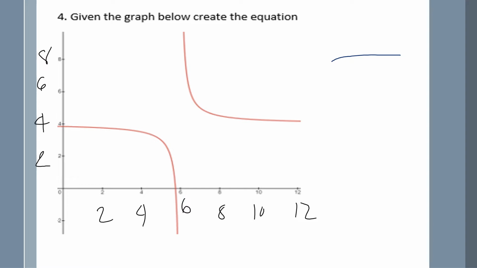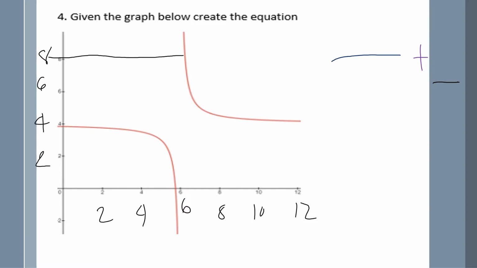Now let's talk about the horizontal asymptote, because the horizontal asymptote in this case is going to be right here. Remember what it is: if you draw a line through it, it cannot touch the graph. So let's see if it's 8.